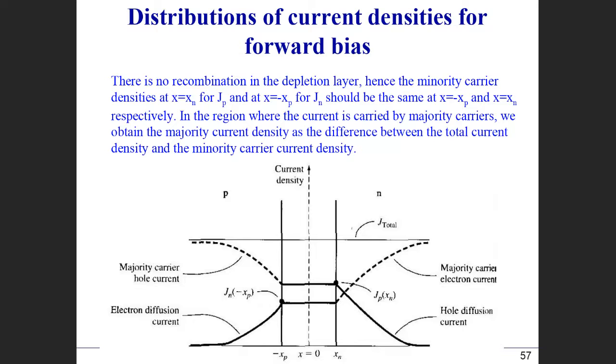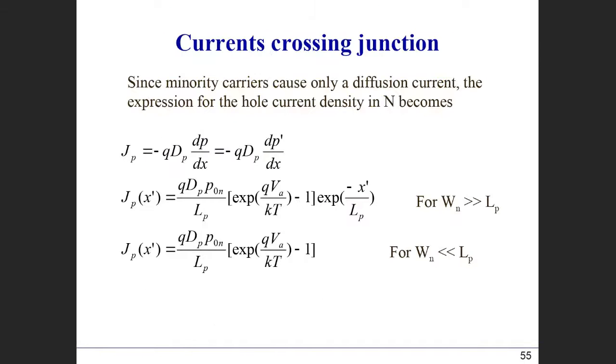In the n side, if you look at the hole current, initially when x equals xn, you have a value, and then it exponentially decays like this. This curve, as I mentioned, follows this one.